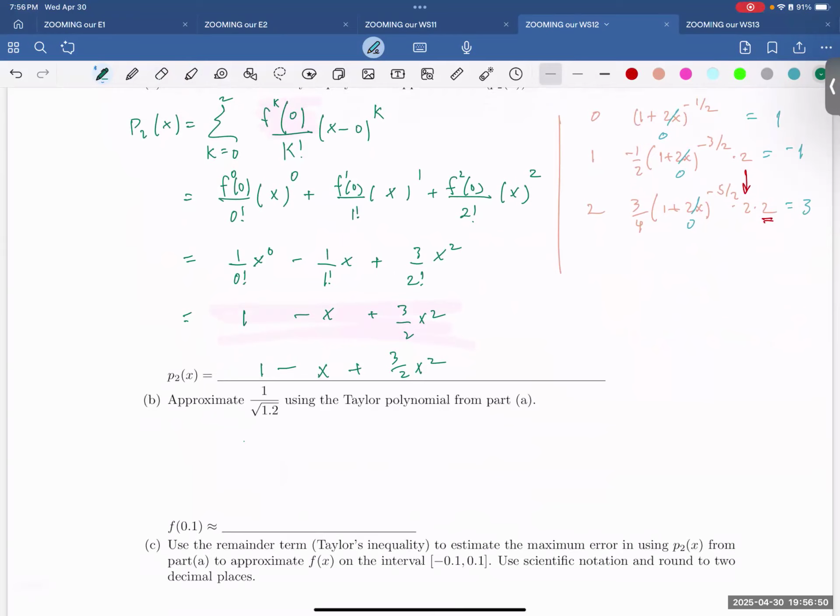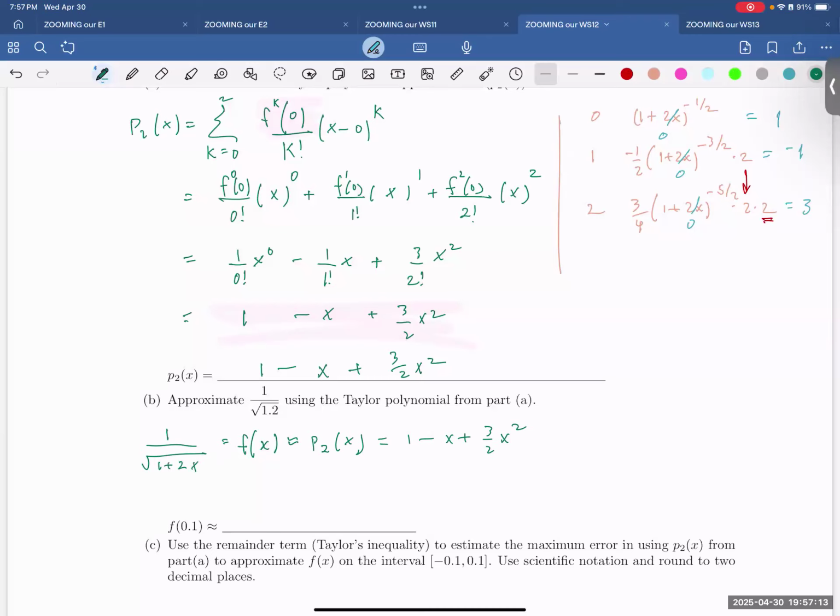Okay, so what we did in the previous problem is say that the function is approximated by p sub 2 of x. P sub 2 of x was the 1 minus x plus 3 halves x squared, and that function's equal to 1 over root 1 plus 2x.